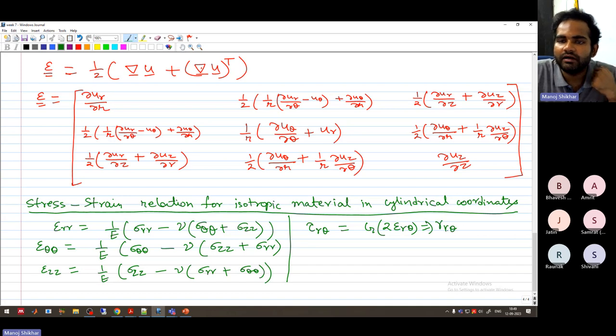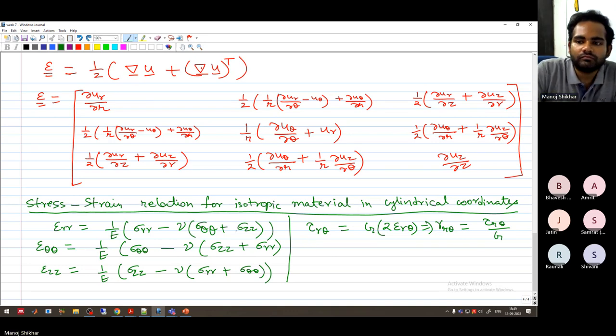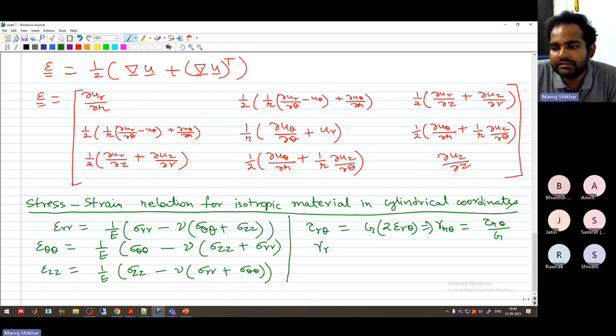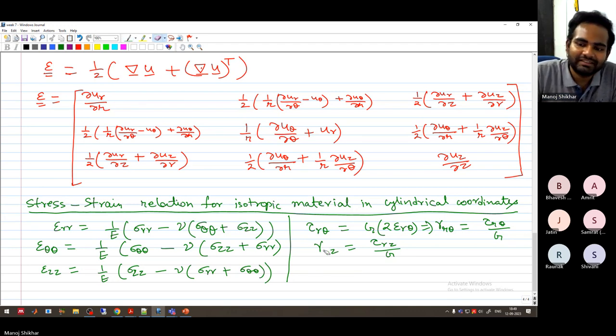So gamma r theta will be tau r theta divided by G. Similarly, gamma rz will be tau rz by G. I really have a bad habit of mixing r's, because I'm writing gamma here, that's why I'm changing the r to cursive r.